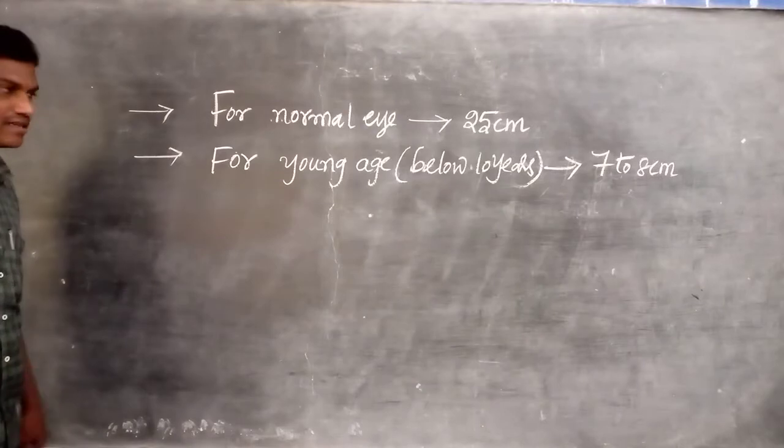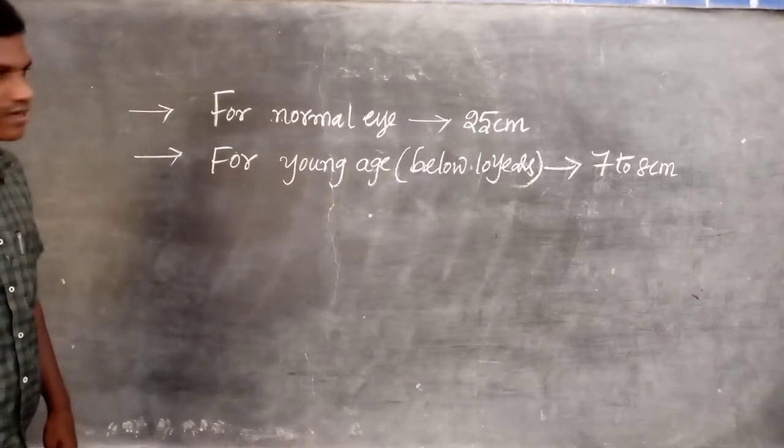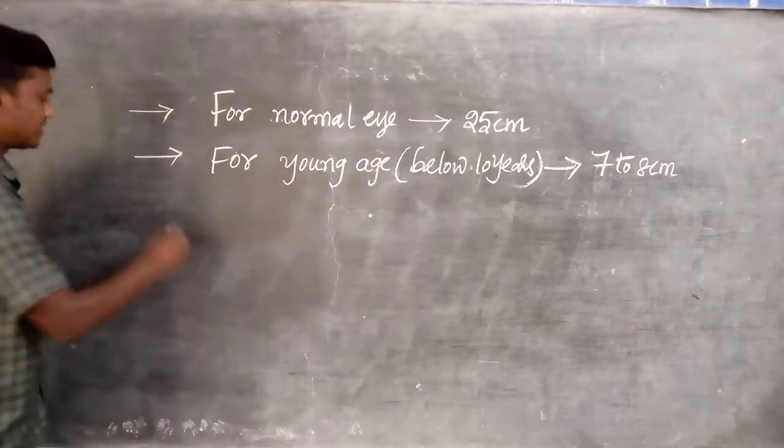For young age, that is below 10 years, it is 7 to 8 centimeters.